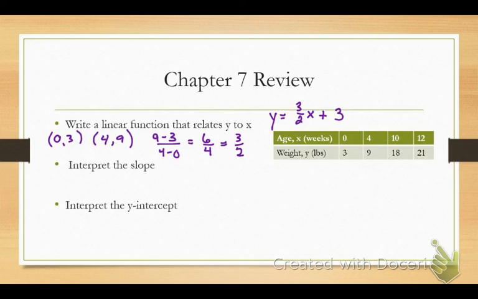Plus 3. Then you interpret the slope. The puppy will gain 3 pounds every 2 weeks. What about the y-intercept? 3. When it was born, it weighed 3 pounds. When it was 0 weeks, it weighed 3 pounds.